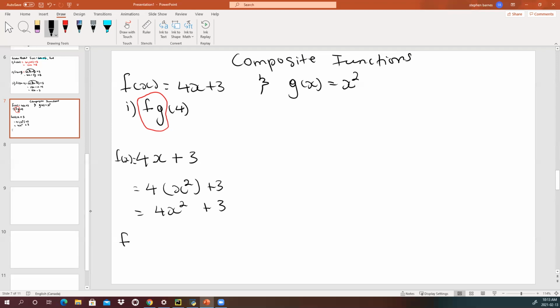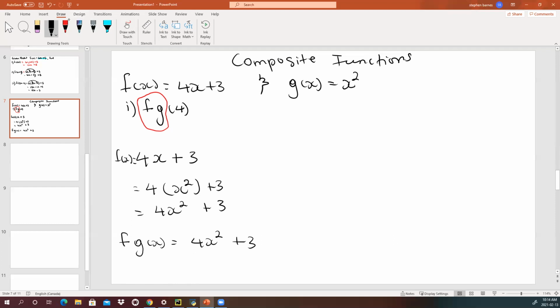So I can say my f of g function is 4x squared plus 3. Just like how I have f of x, g of x, I now have f of g of x, yes?